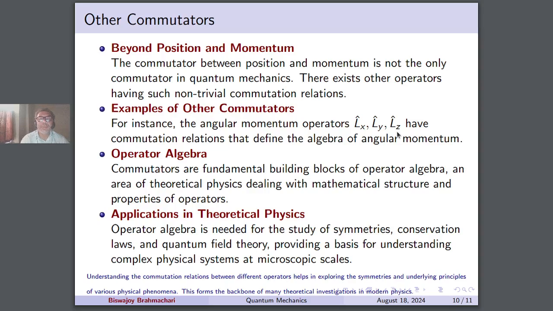And we have seen that they form an algebra, operator algebra, an area of theoretical physics dealing with the mathematical structure and properties of operators. And this operator algebra is needed to study symmetries and conservation laws at the microscopic level, and they provide the basis for understanding complex physical systems at the microscopic scales.